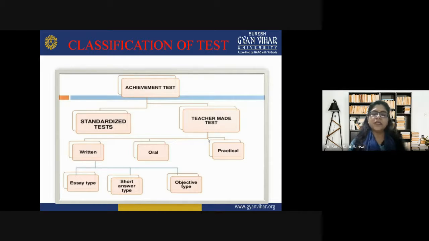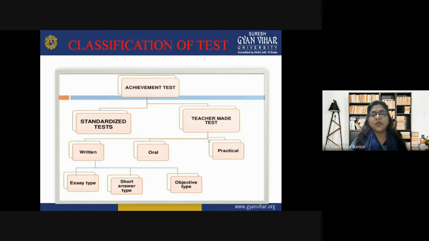So achievement test is divided into two forms. One is standardized test, another is teacher-made test. Then we can see the teacher-made test is divided into three parts: first is written teacher-made test, secondly oral teacher-made test, and thirdly practical teacher-made test.